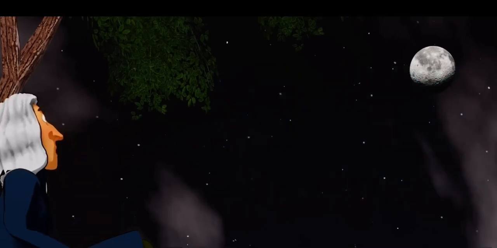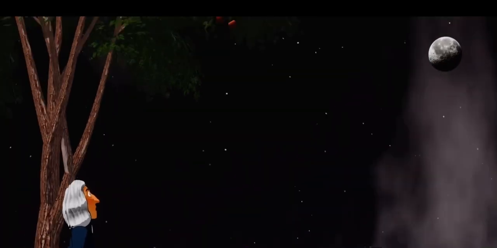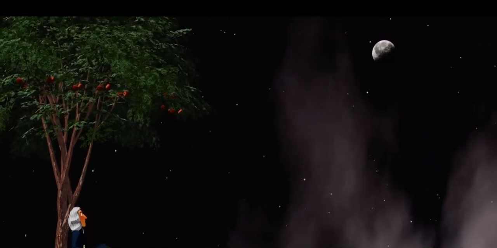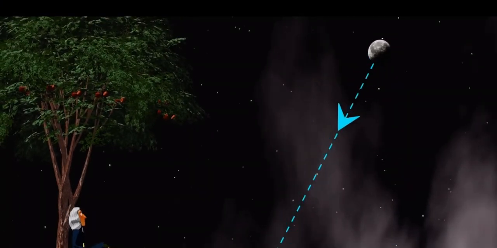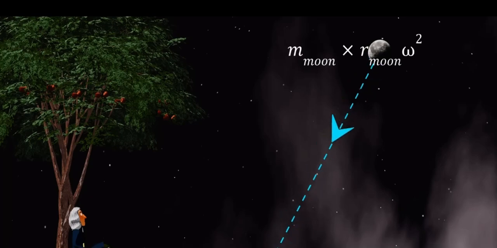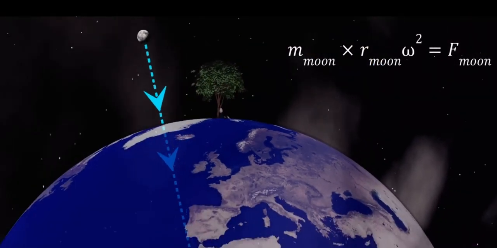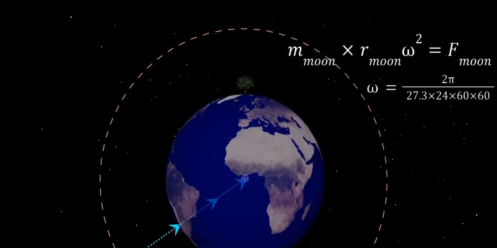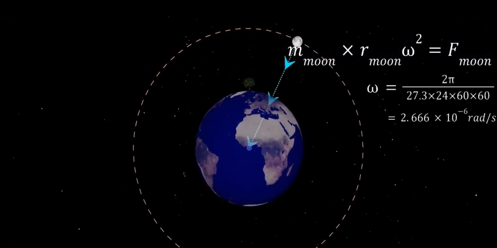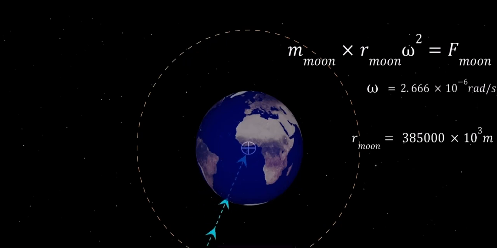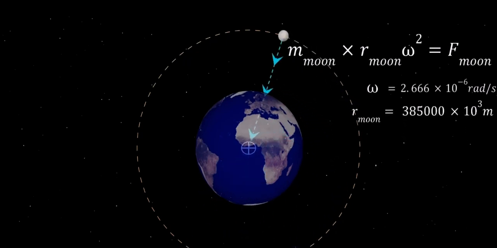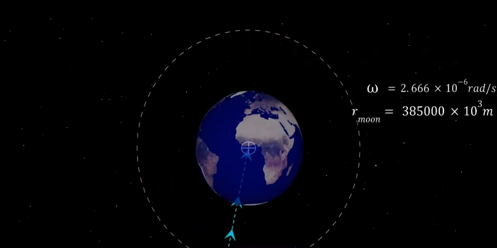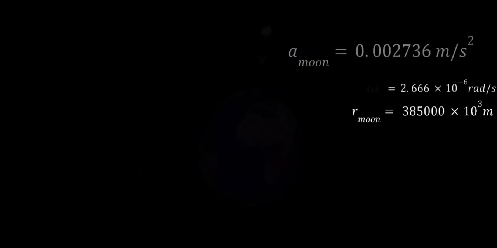The Moon is also attracted to the Earth due to the same gravitational force. However, the Moon doesn't fall to the Earth because the centripetal force required for the Moon's circular motion is supplied by the gravitational force. People at that time already knew the Moon's angular speed and the distance between the Earth to Moon. Based on this force balance idea, Newton calculated the centripetal acceleration of the Moon.